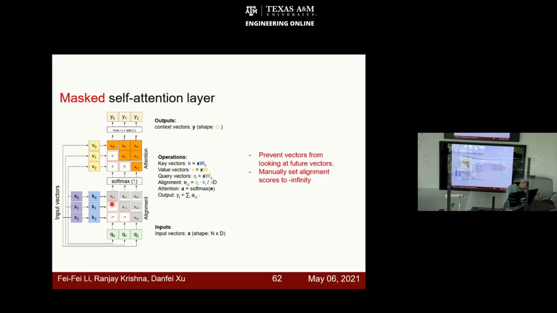It cannot use key 1 and key 2. And when you query Q1, you can only use key 0 and key 1. And when you do query 2, you can only use key 0, 1, and 2. In other words, you cannot look at the future vectors. Okay? So that's what the idea is about.